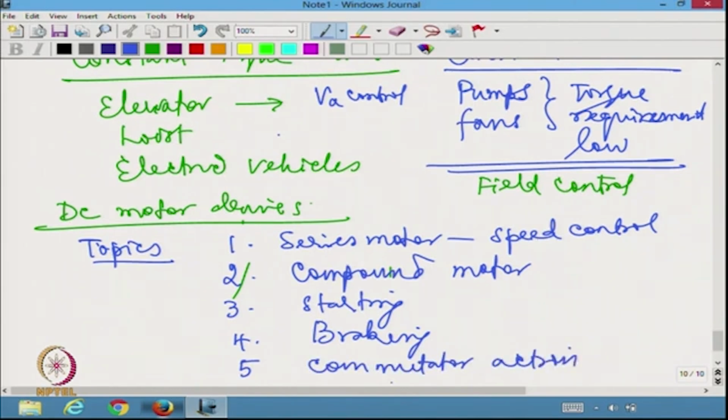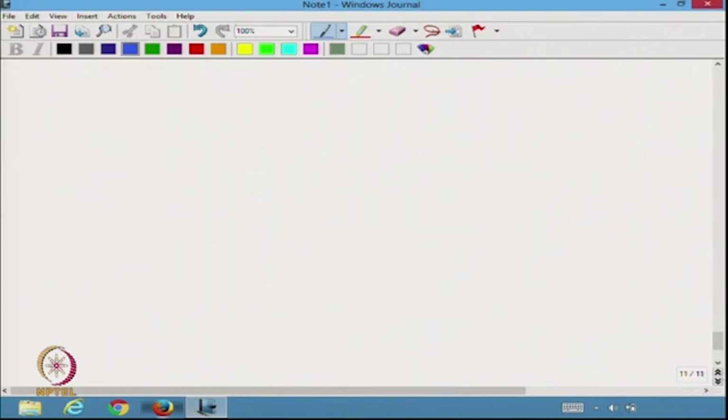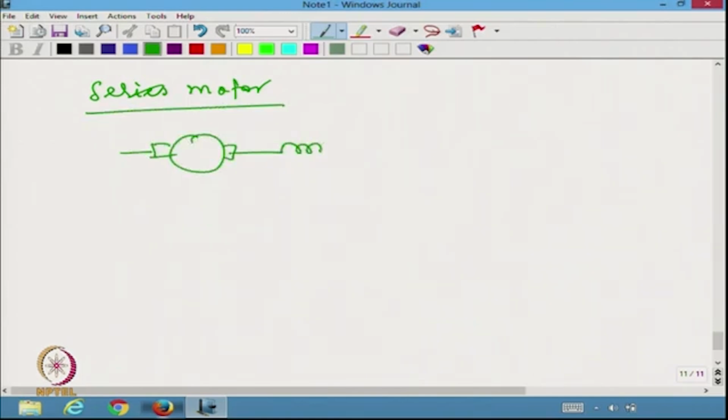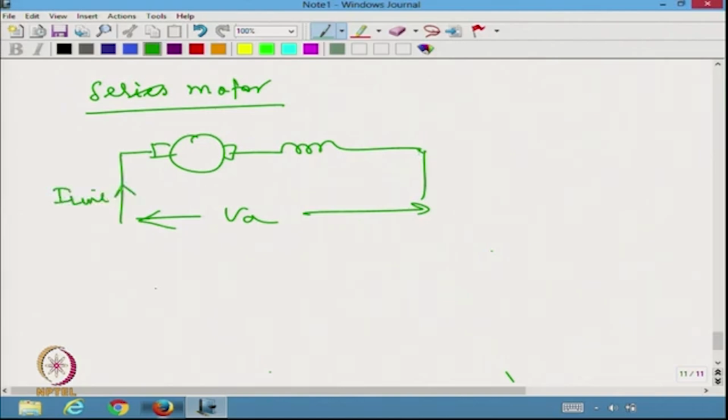So, we will just try to take a look quickly at the series motor. Series motor, as I told you, the field is going to be in series. So, I am going to have the armature here and the field in series, and I am going to apply a supply here. If I write this as I line, the same thing is true with respect to IA, the same thing is also IF.